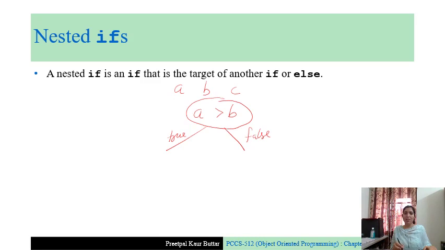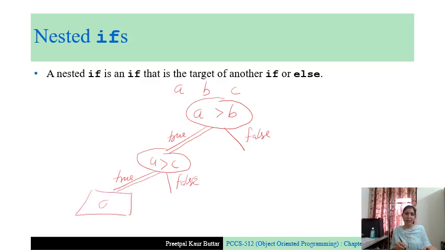If this condition is true, that is A is greater than B, next we want to compare A with C. Again, this condition can be true or false. If this condition is true, that is, we are moving along this path, A is greater than B, then A is greater than C. What does it mean?